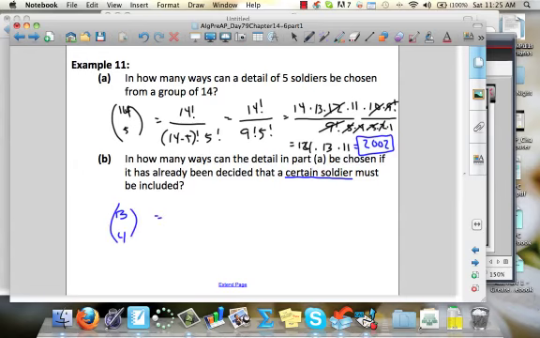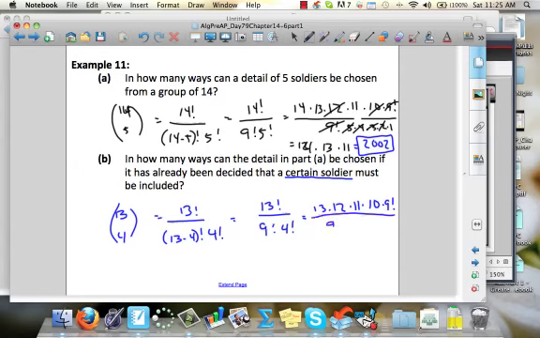So this is 13 factorial over 13 minus 4 factorial times 4 factorial, which is 13 factorial over 9 factorial 4 factorial. 13 times 12 times 11 times 10 times 9 factorial over 9 factorial times 4 times 3 times 2. Alright, 4 times 3 is 12. We can cancel that out and get a 5, and then the 9 factorials go away. So it's 13 times 11 times 5.